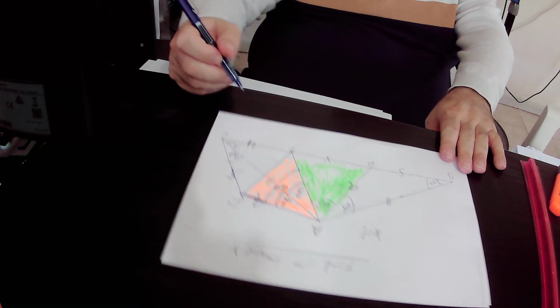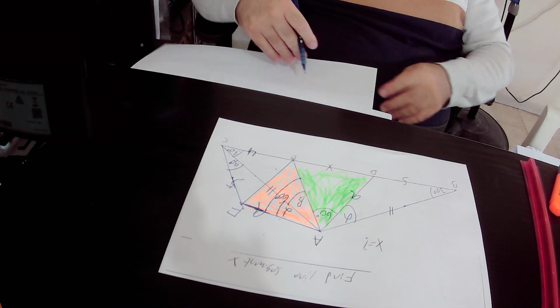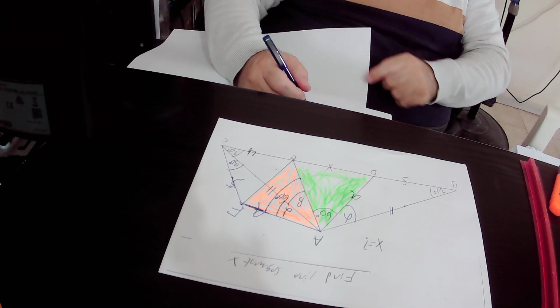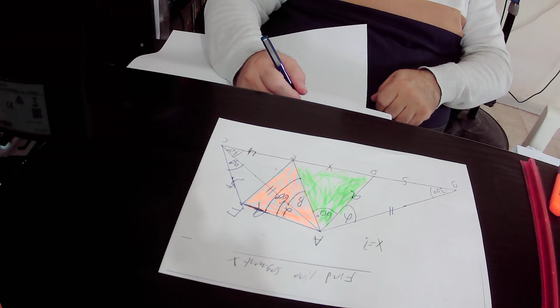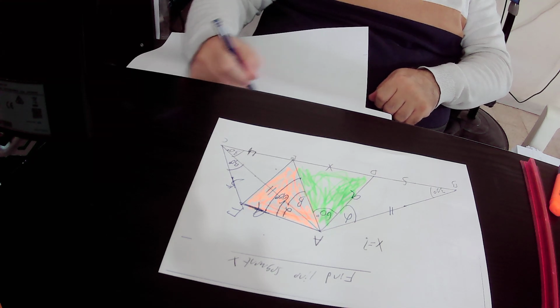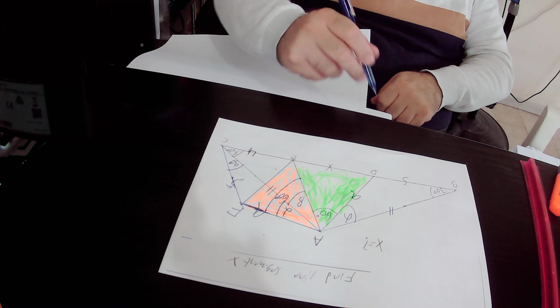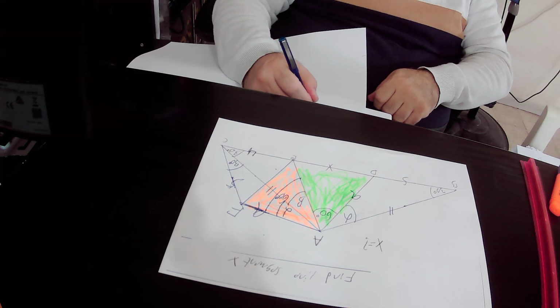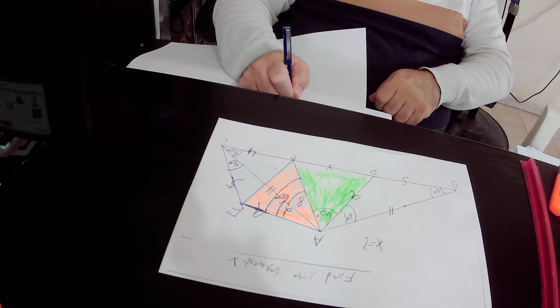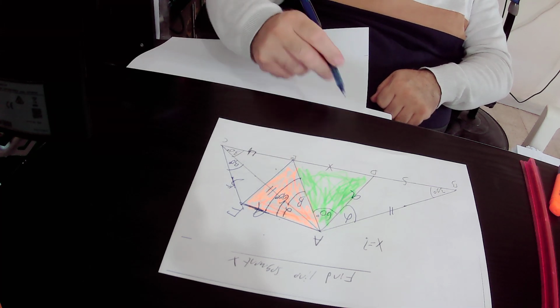Okay, so why can those two triangles go into each other? We prove that the green triangle, triangle ADE, is congruent to the orange triangle, triangle AEF.